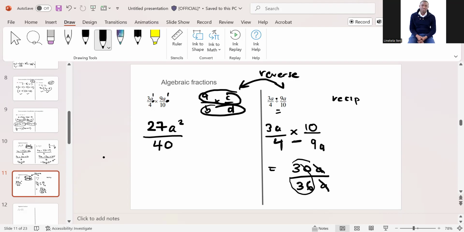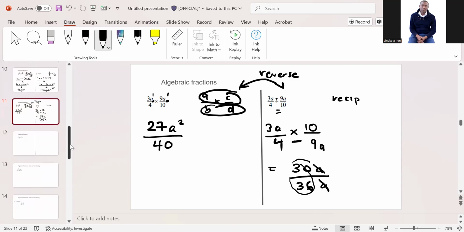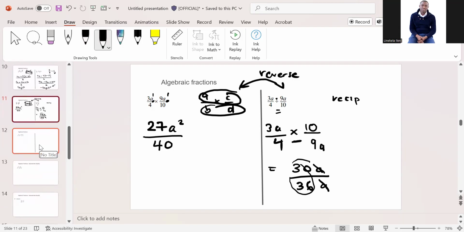All right, and then you can just simplify the fraction. I'm not going to simplify that for you there, but you can simplify the fraction. All right, so that is really just about it when you're dealing with the basic algebraic expressions.